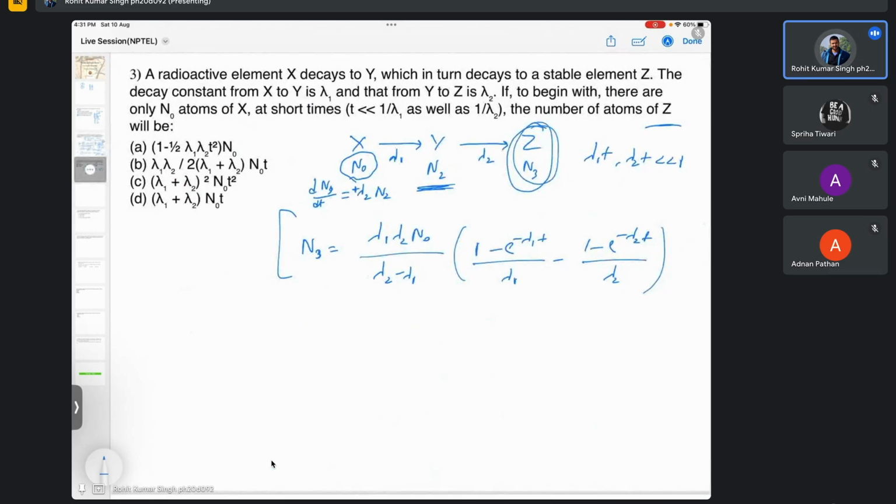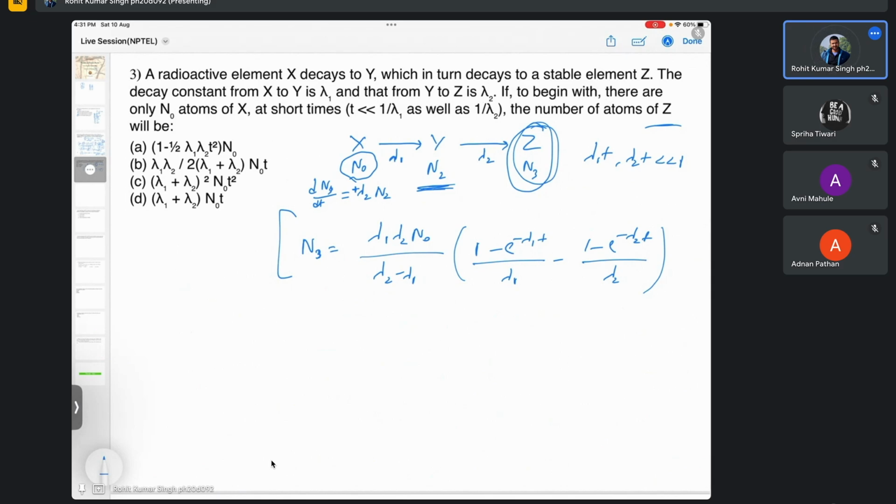So you finally get an expression for n3 which only depends on n0, and obviously on lambda 1 and lambda 2. Okay, so just keep this in mind.